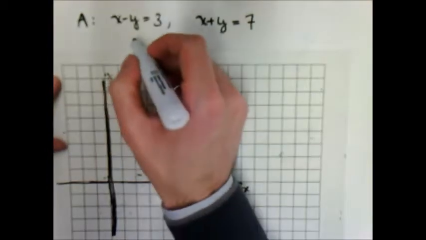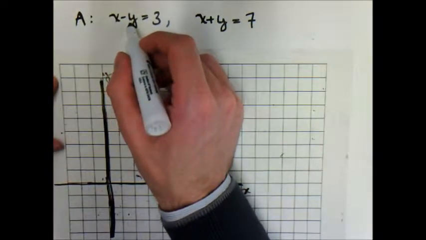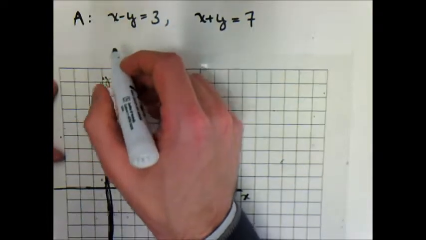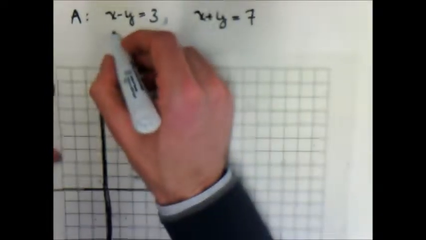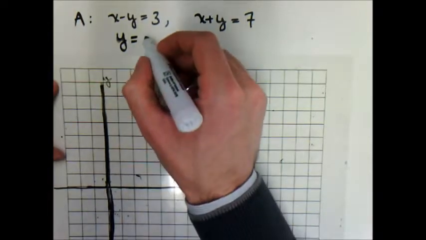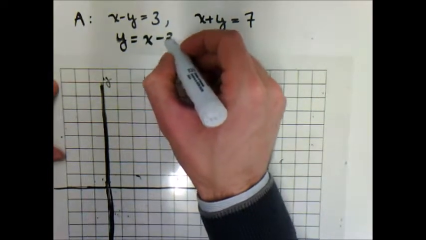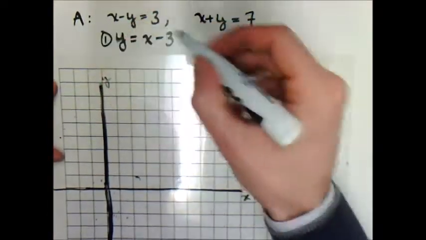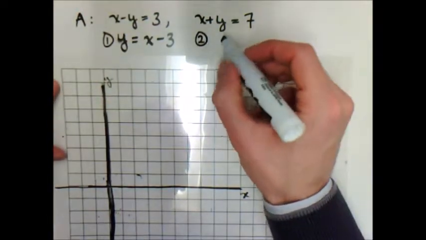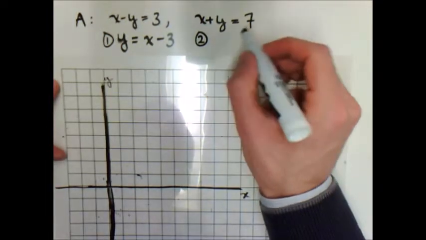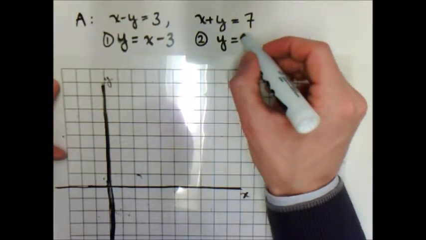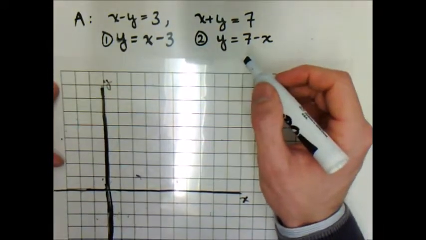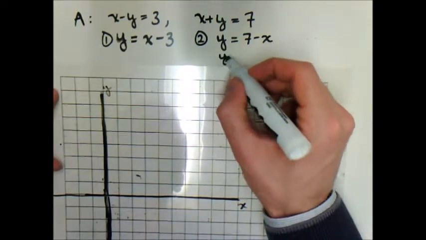Okay, you should have over here, if you subtracted y to the other side and you subtracted 3 to this side and then rearranged it, you should be left with y equals x minus 3. And that's equation 1. And equation 2, you just subtract x from both sides, y equals 7 minus x, or negative x plus 7, probably easier for us to do.